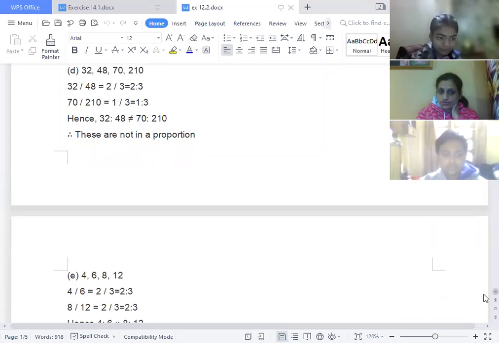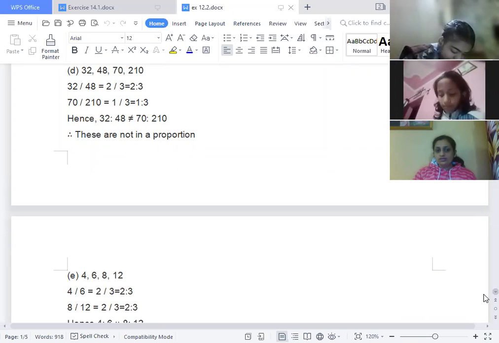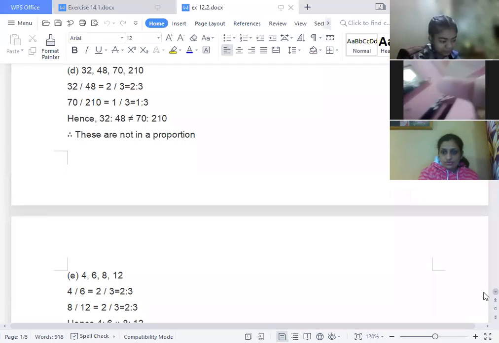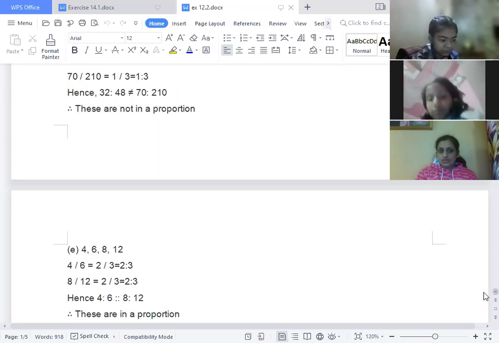They are in proportion. 2:3 is equivalent to 4 2s are 8, 4 3s are 12. It can be cut further also, beta. You have cut with the table of 2. 2 4s are 8, 2 6s are 12. Then again you can cut both the numbers with the same table. They are in proportion because 2:3 is equivalent to 2:3. That's why 4:6 is proportionate to 8:12.